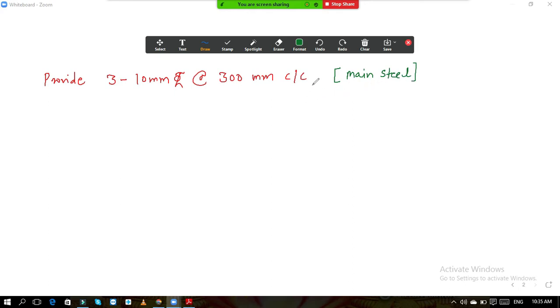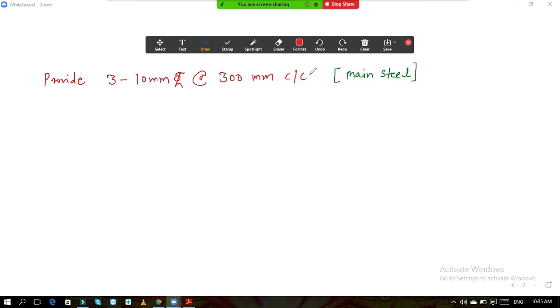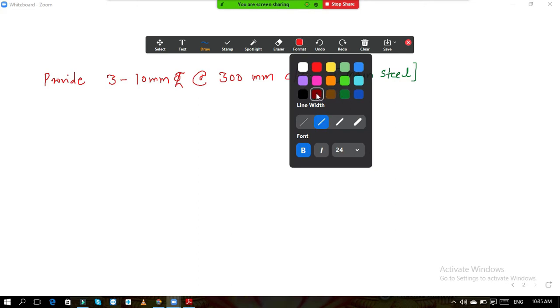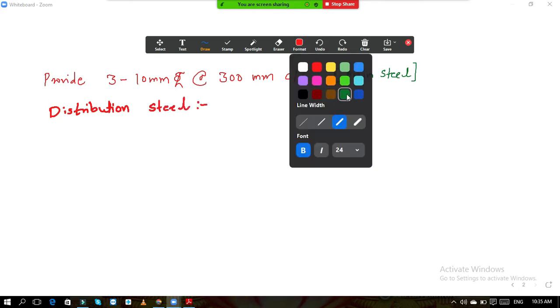Okay. So now we will calculate the distribution steel. Next step is the calculation of distribution steel. Now how do we calculate the distribution steel?